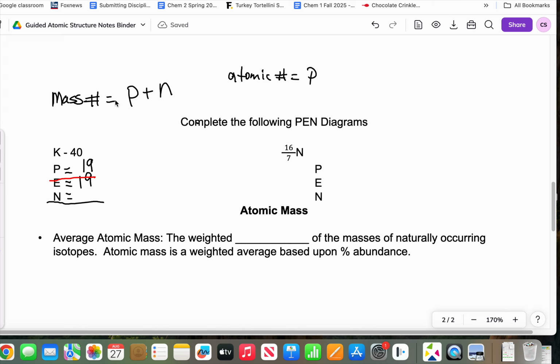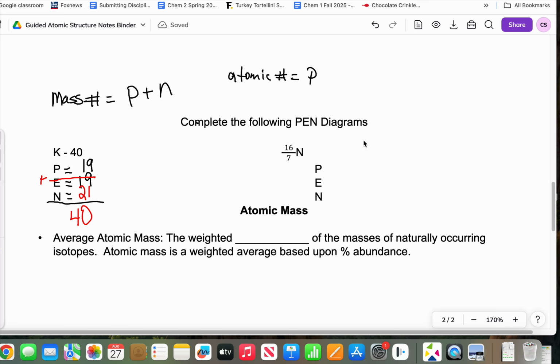Protons plus neutrons equal mass number. Well, the mass number is 40 because that right there is the mass number. So 19 plus some number of neutrons has to equal 40, and that number will be 21 because 19 plus 21 equals 40. Okay, let's try another one over here.